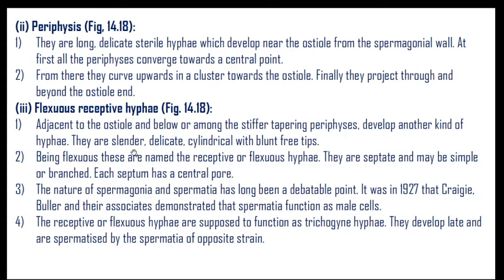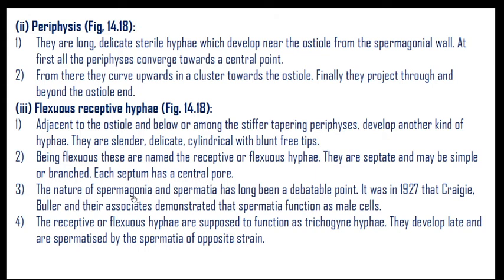They are slender, delicate, cylindrical with blunt free tips. These are named the receptive or flexuous hyphae because they are septate and may be simple or branched. Each septum has a central pore.